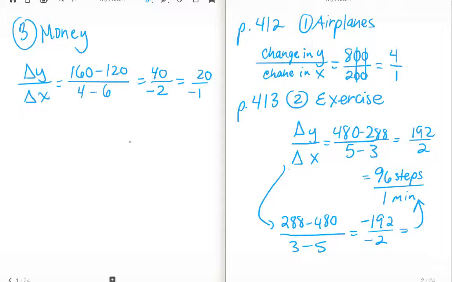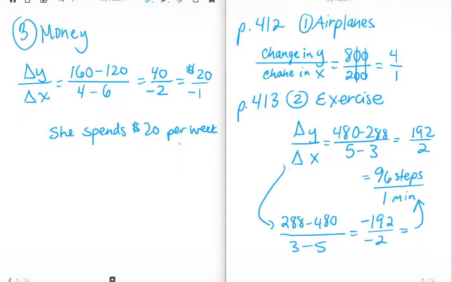Okay, but what is it? It says that she, instead of saving, what do you think she's doing? She's probably spending. Okay, so because this is money, and then per week, this would be your interpretation: she spends $20 per week.